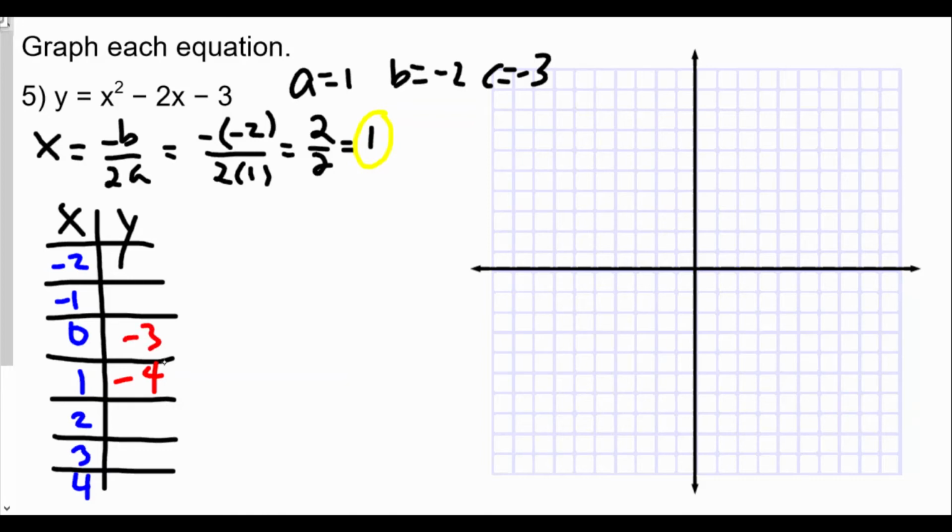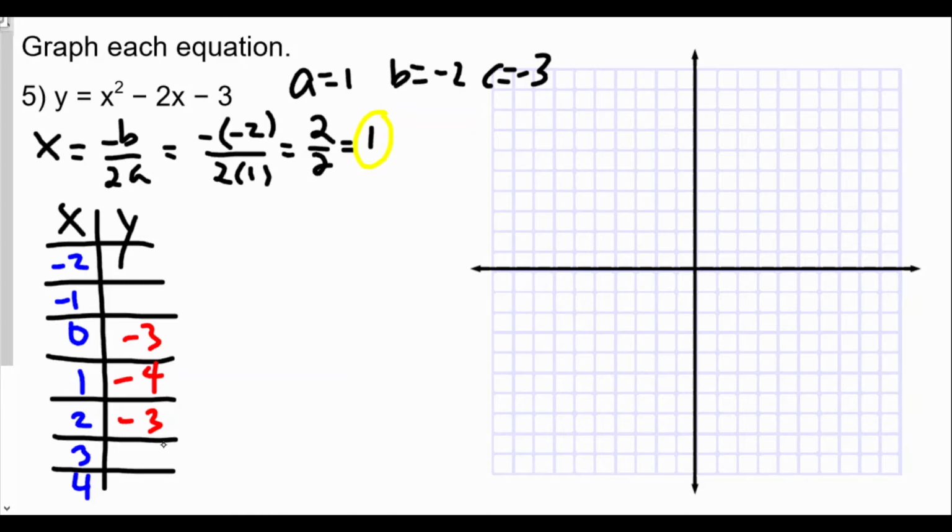If I plug in the value 2 for x, I get 2 squared, which is 4, 2 times 2 is 4, 4 minus 4 is 0, minus 3 is -3. We're noticing that on either side of the axis of symmetry, or the vertex, the y values are going to match up.